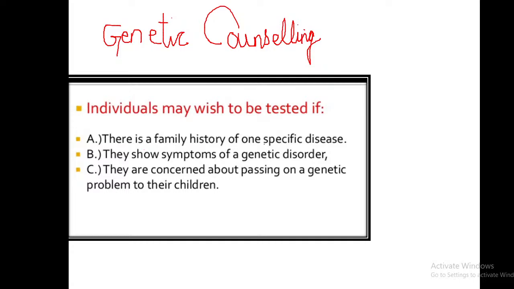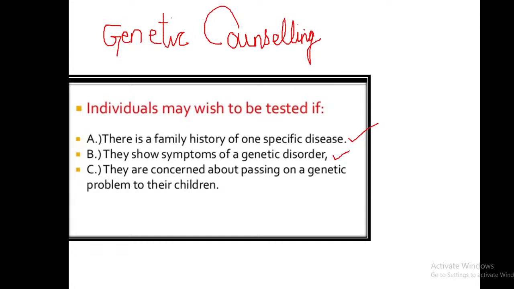So if we have a family history of one specific disease, we can draw the inheritance pattern from the forefather, from the grandparents till the grandchildren, and find how much is the chance of that disease to be inherited to the offsprings. That is one application. And they show the symptoms of genetic disorders.